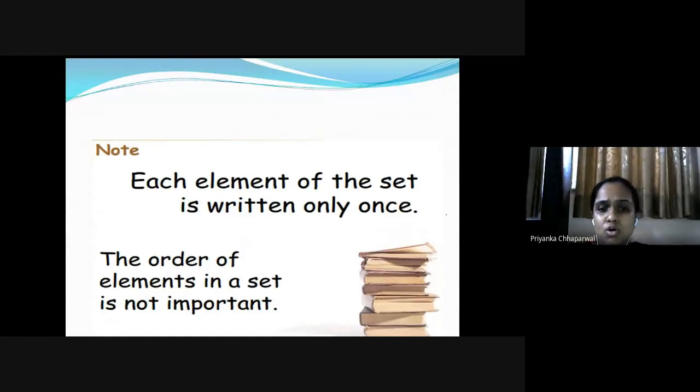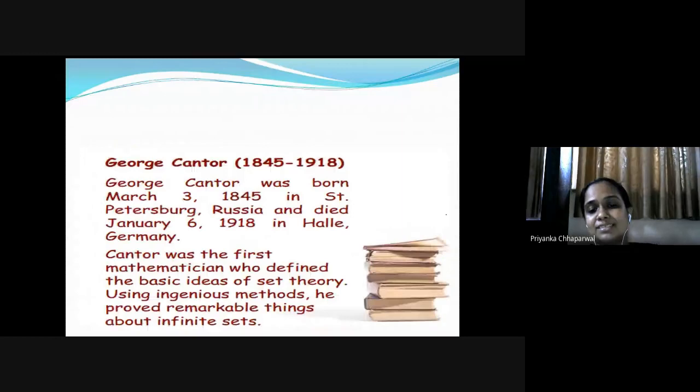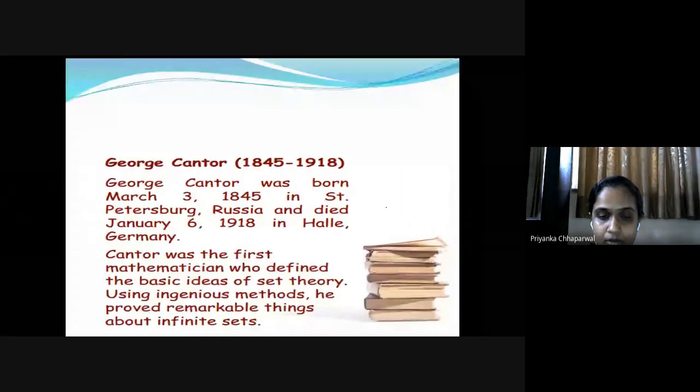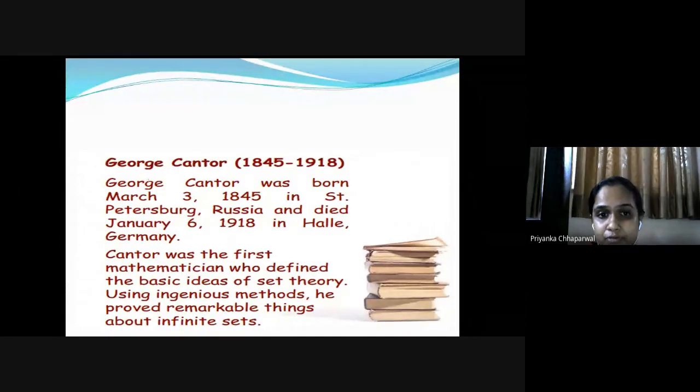So who defined the set first? George Cantor was the first mathematician who defined the basic idea of set theory.